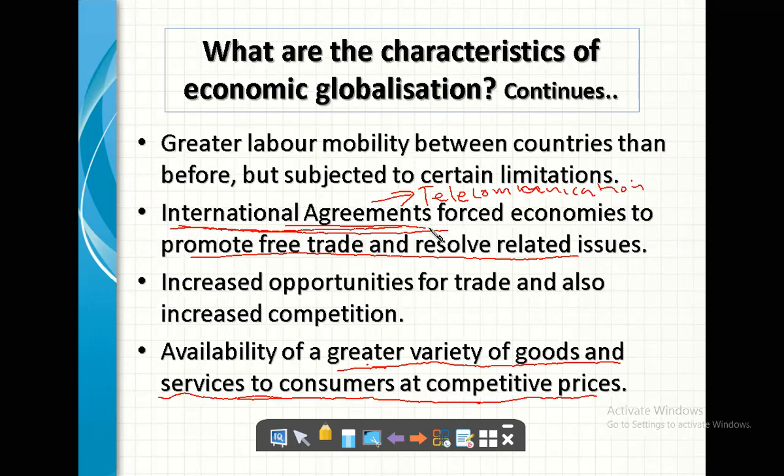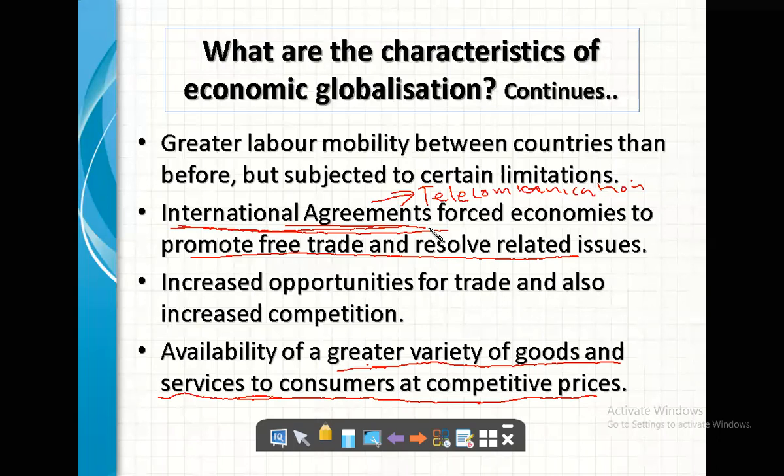Greater labor mobility between countries. We have seen that in PNG. We have a lot of expatriate workers coming into our country to help us with our production or development where we are limited.